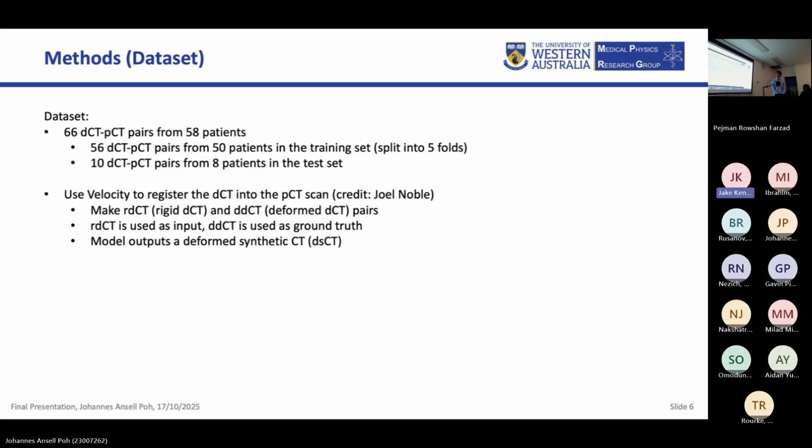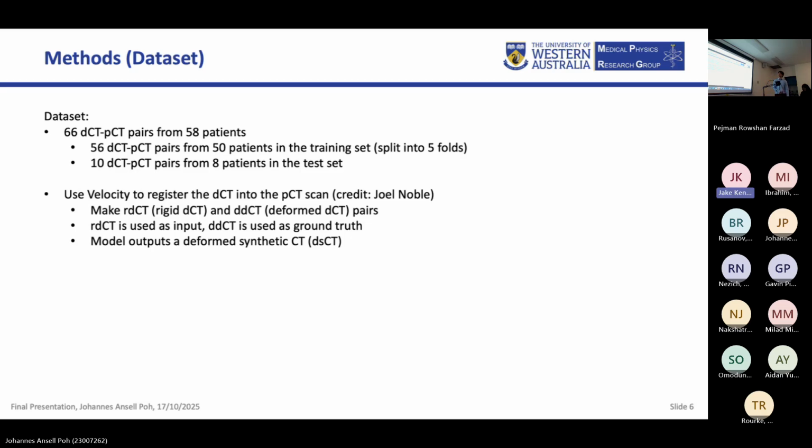The dataset I used for this project includes 66 diagnostic CT to planning CT pairs from 58 patients. This is further split into training and testing sets. The training set has 56 scan pairs, which is further split into 5 folds for 5-fold cross-validation. And the testing set has 10 scan pairs.